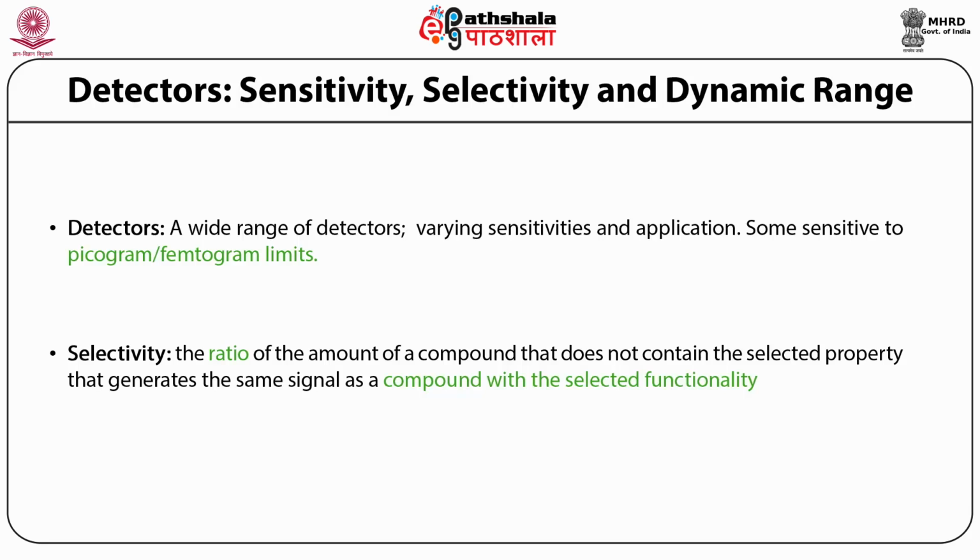One would desire from an ideal detector a reproducible response to the change in eluent concentration, a linear dynamic range, and as far as possible the dynamic range should also be large.